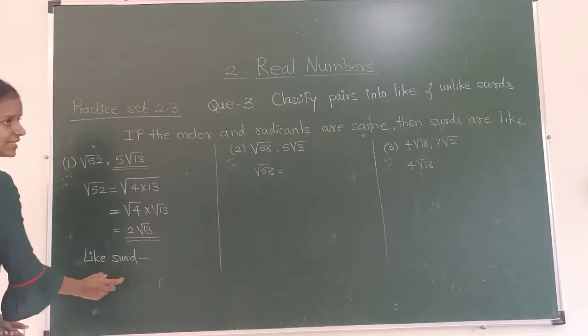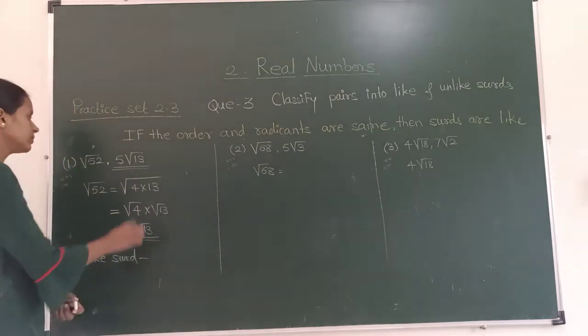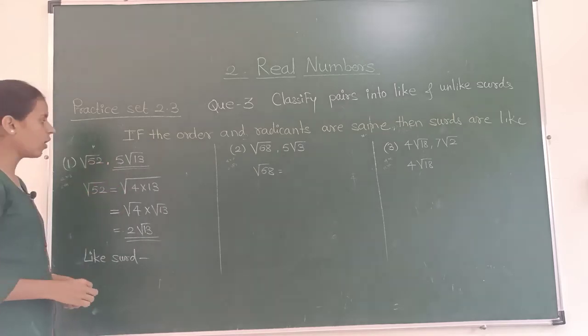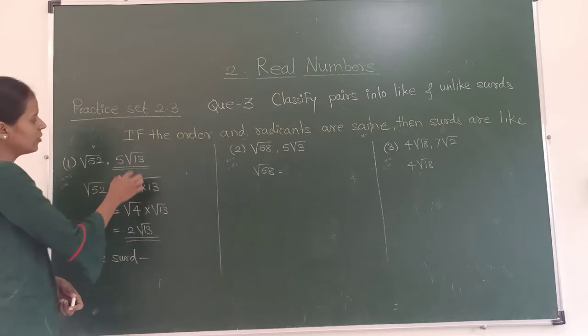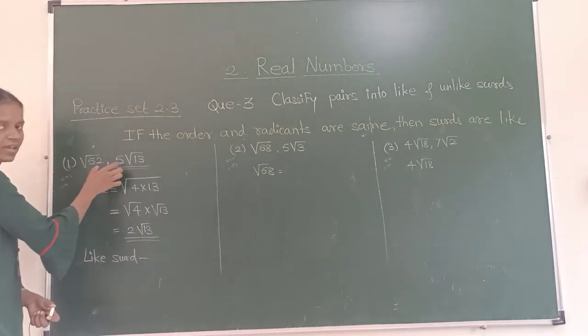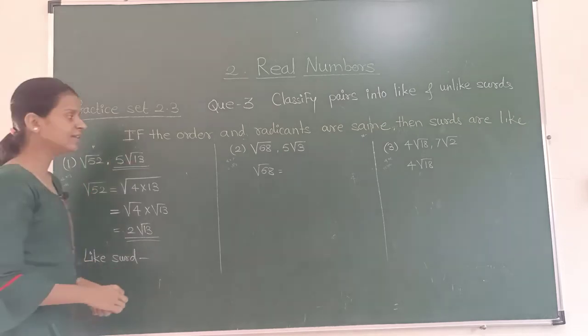You have to write it in words: the order of the given two surds is the same, that is 2, and the radicands are also equal, that is under root of 13. Therefore this pair of surds is a like surd.